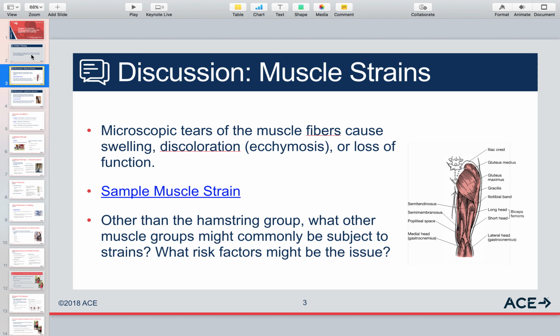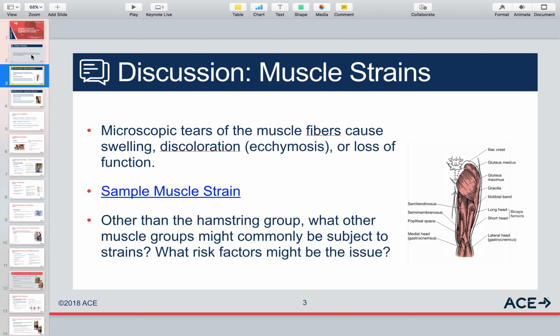A lot of you guys are athletes in this class, so I'm sure you've heard of a lot of these injuries. For example, muscle strain. You have probably all had some form of a muscle strain at some point, either in your athletic career or just from working out in general. A muscle strain is a microscopic tear of the muscle fibers.